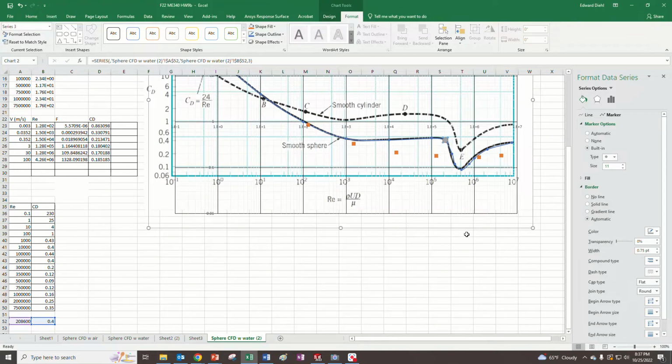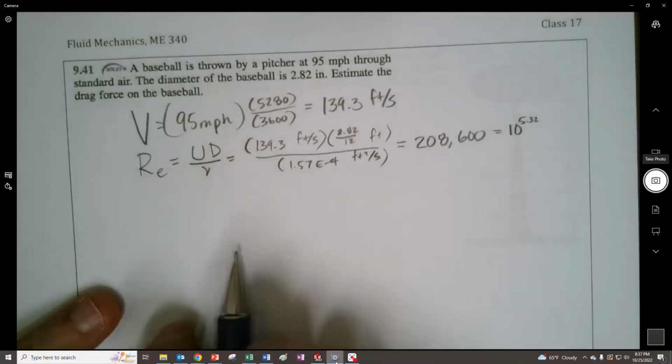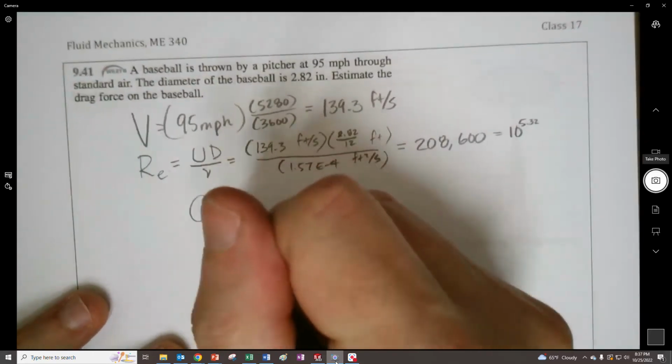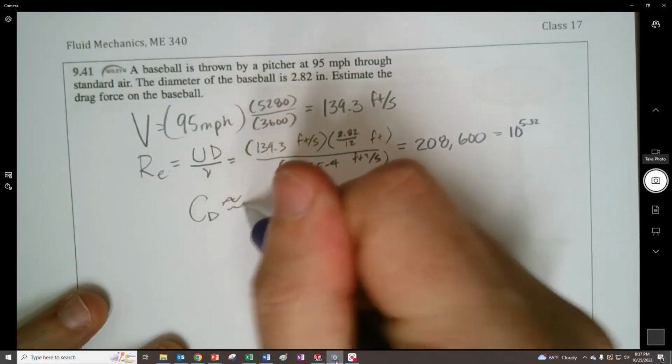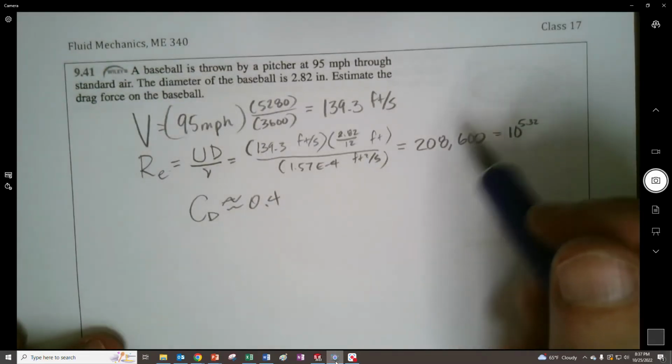So I guess 0.4 is not bad, but it's really close to starting to get into this dip where we're going to have a dramatically lower coefficient. So I'm going to say that my drag coefficient is approximately 0.4. All of that effort for that 0.4, but it's right near there.